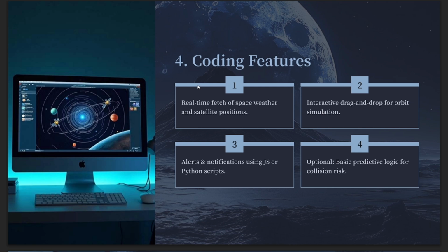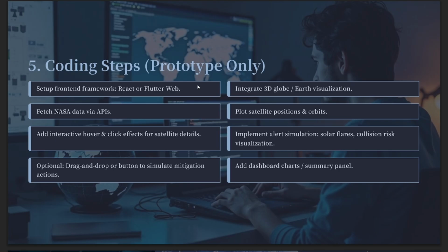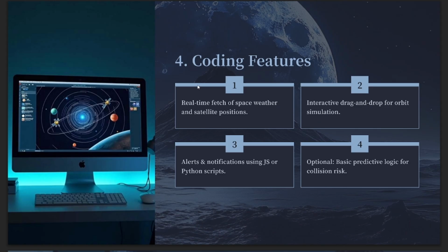It uses real NASA data, looks like a mission control system, and has a compact, achievable code base, making it perfect for a hackathon. In short, our dashboard helps users make smarter, data-driven decisions about satellite safety. Now, the actual prototype will be explained by Ayush and Dhanashri.